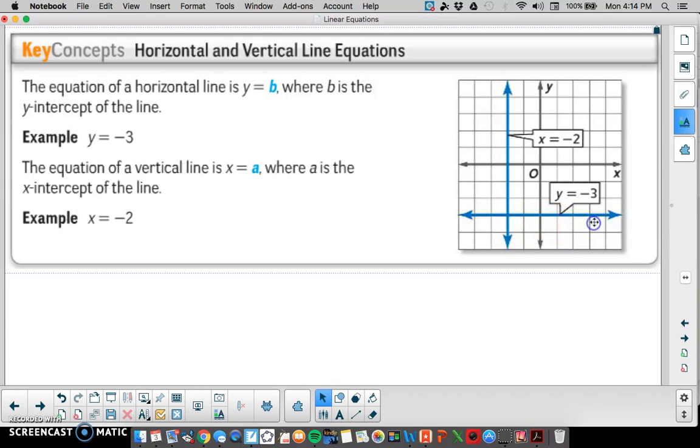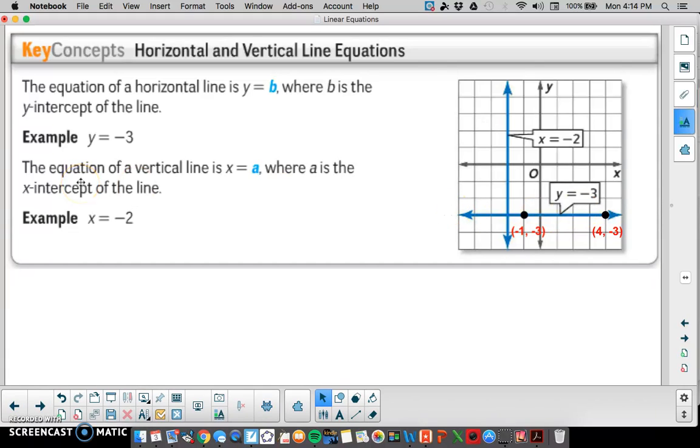Notice on that line, all of the points have y values of -3. (-1, -3) has a y value of -3. (4, -3) has a y value of -3. Everywhere on that line, y is equal to -3. And so we have that equation.